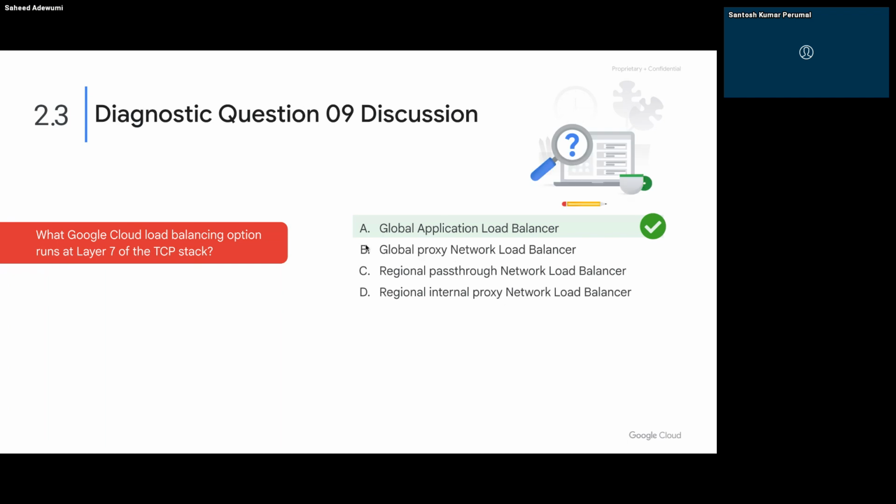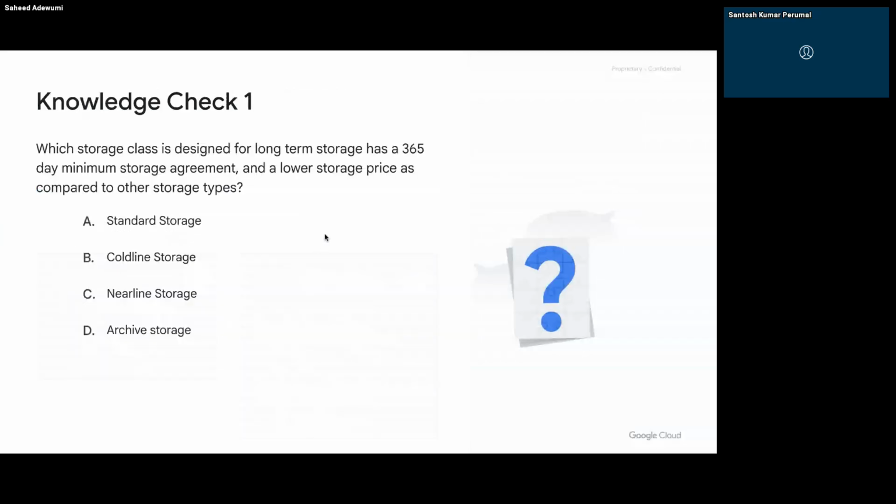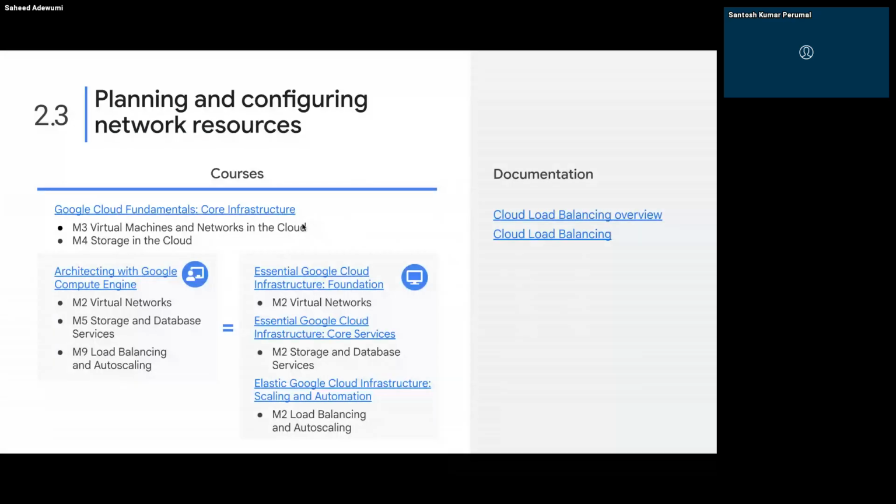Here we have the global application load balancer, and these are the resources that are responsible. We can go through it, maybe do a little lab afterwards and see how we can set up our virtual machine and connect it with the network.